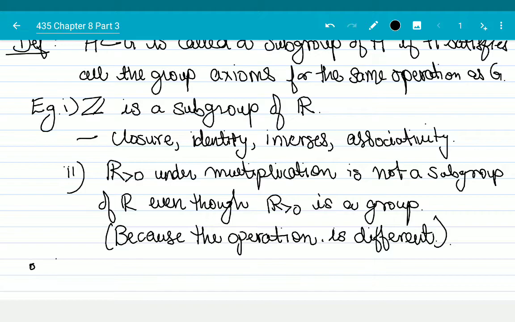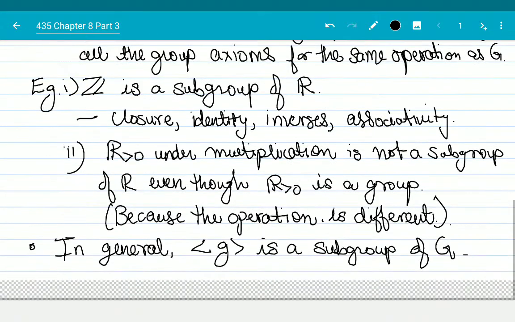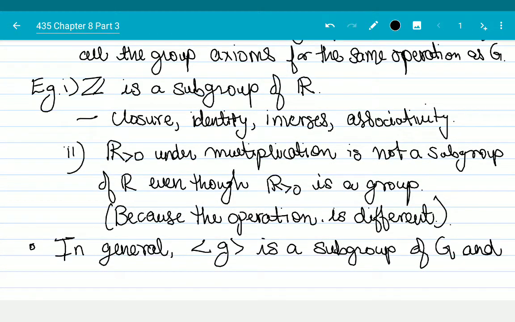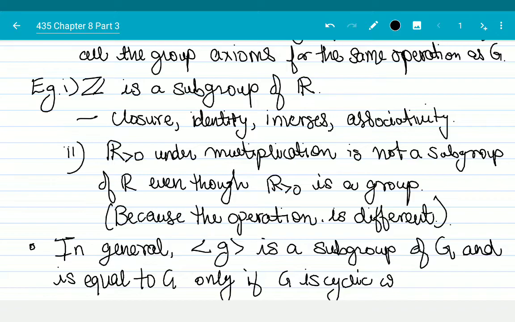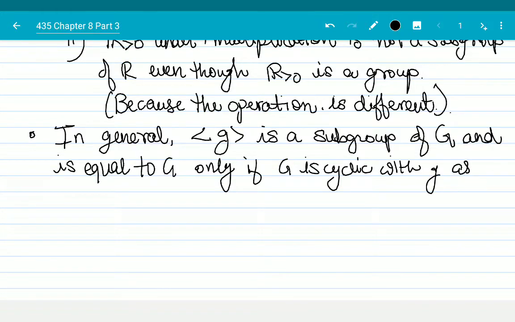In general, the subgroup generated by g is a subgroup of G, and is equal to G only if G is cyclic with small g as a generator.